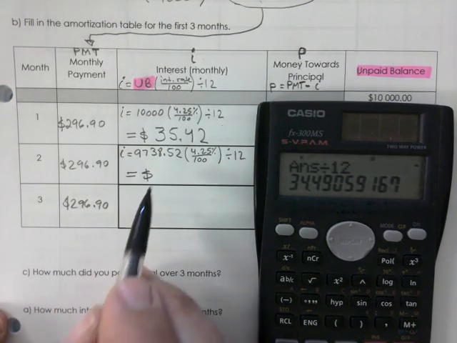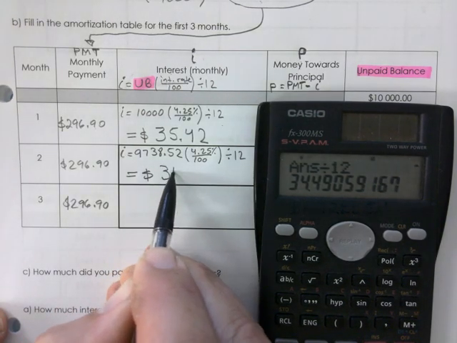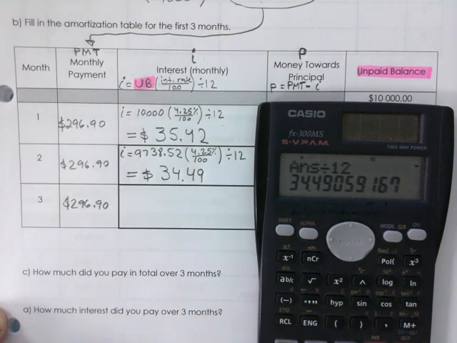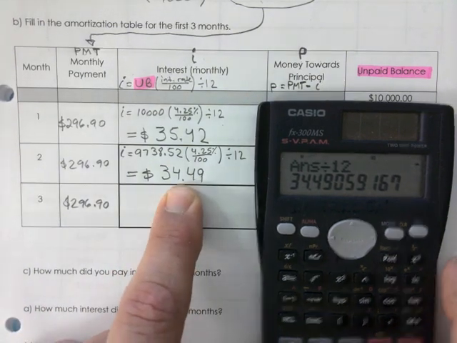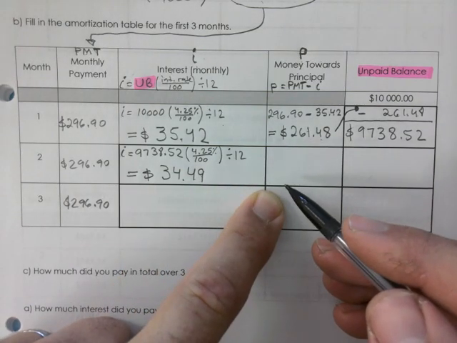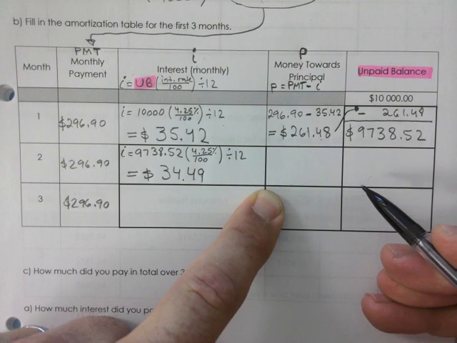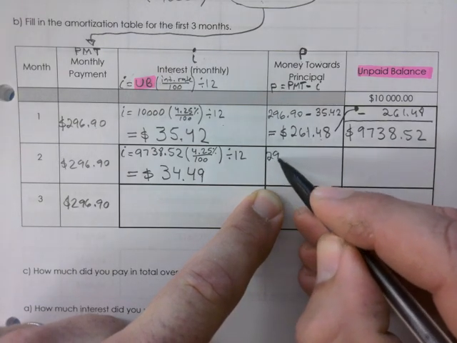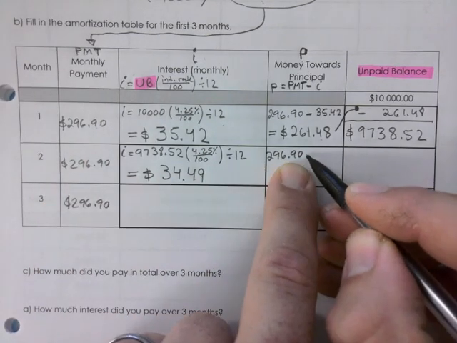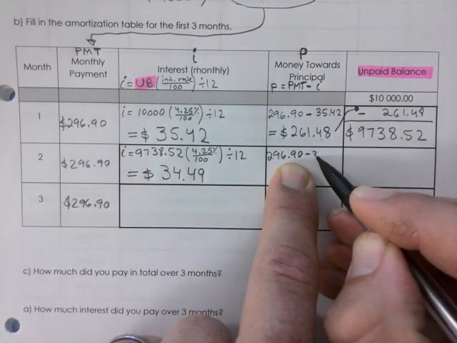And there it is. Not by much, but it did go down a little bit, which means there's more money that I can use towards bringing down my unpaid balance. So I go 296.90. So my payment, I take that back here, and I go minus 34.49.